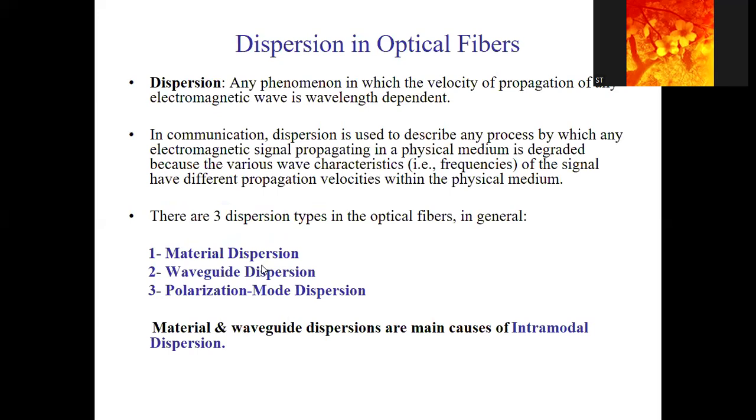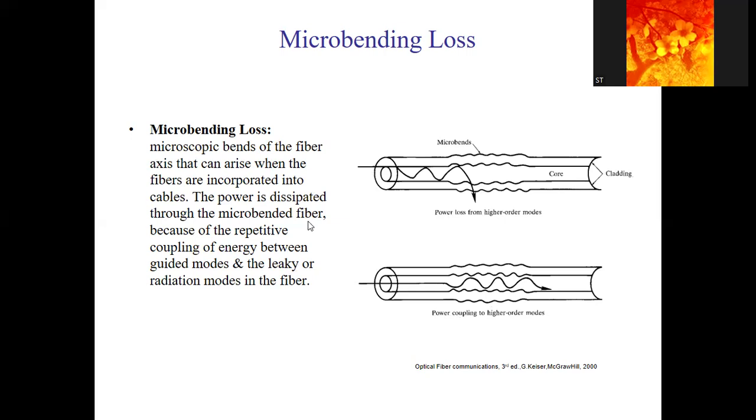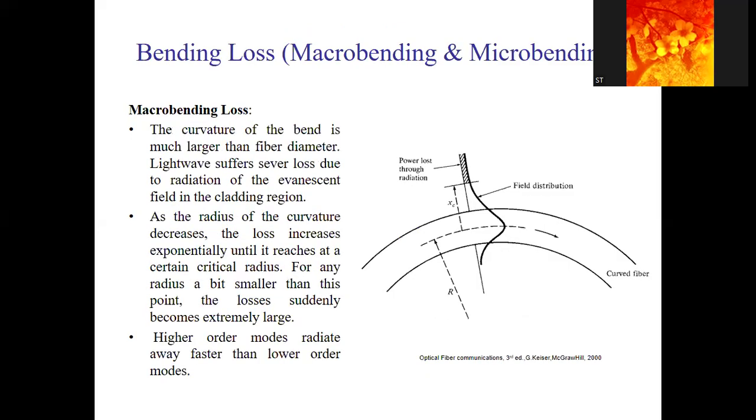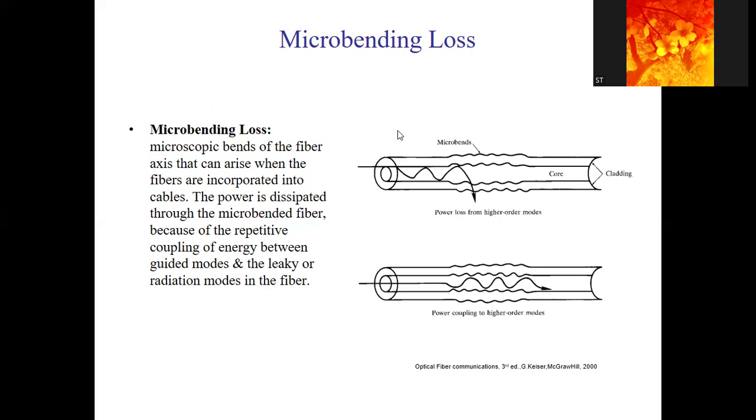So this is all about macroscopic bending and microscopic bending. In macroscopic bending, the radius of bend curvature is greater, and microbending is caused due to manufacturing defects. So this is all about the bending losses.